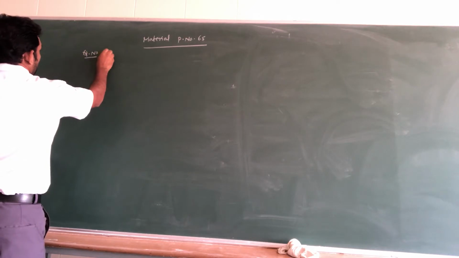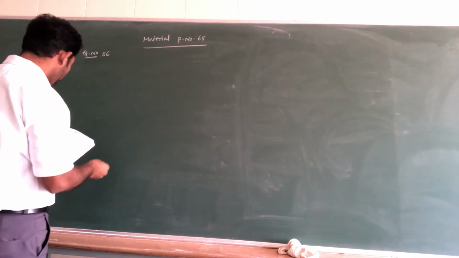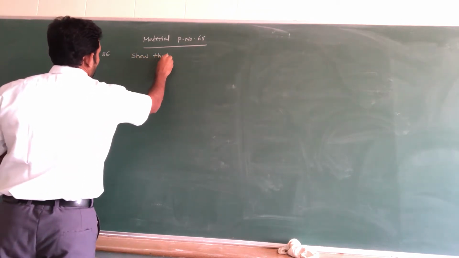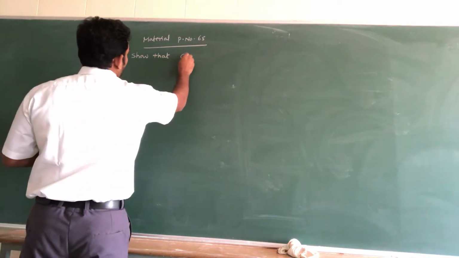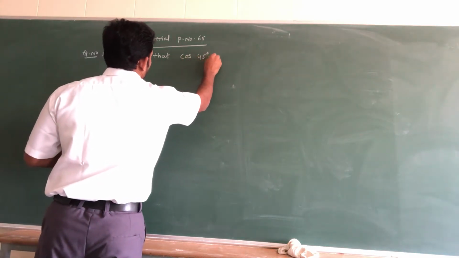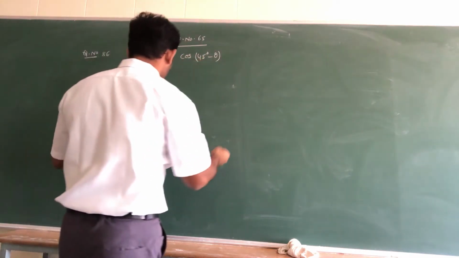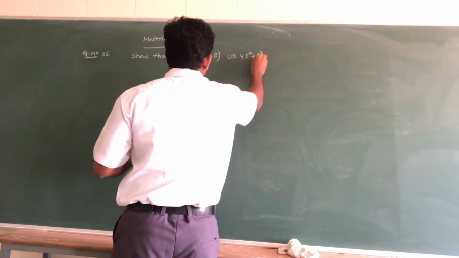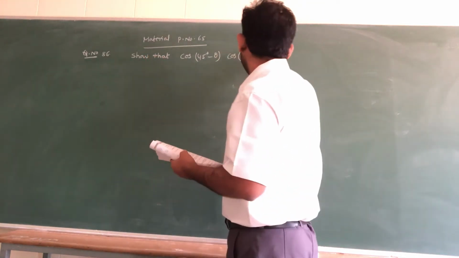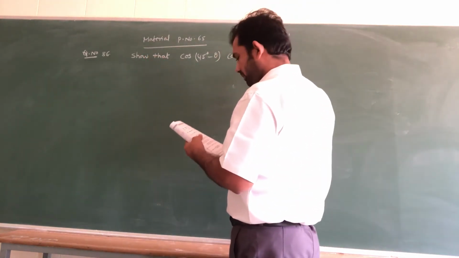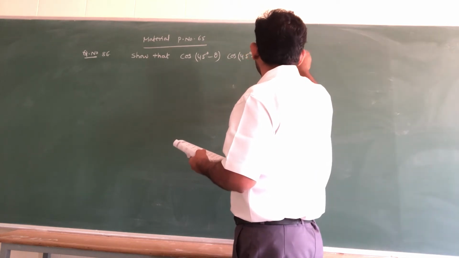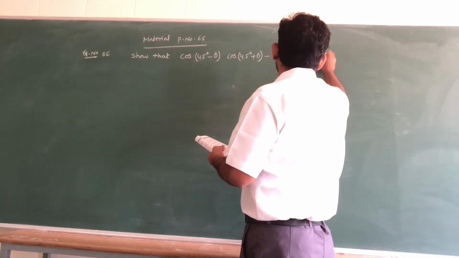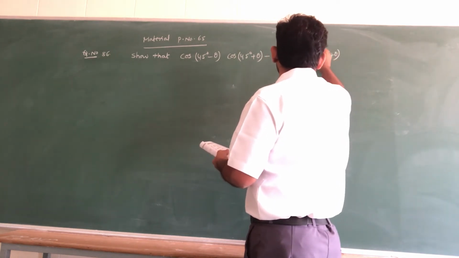Question number 86. Show that cos of (45 degrees minus theta) cos of (45 degrees plus theta) minus sin of (45 degrees minus theta) sin of (45 degrees plus theta) is equal to 0.